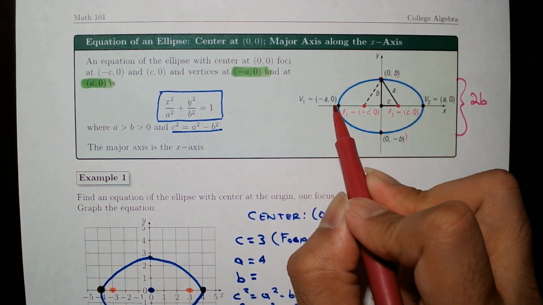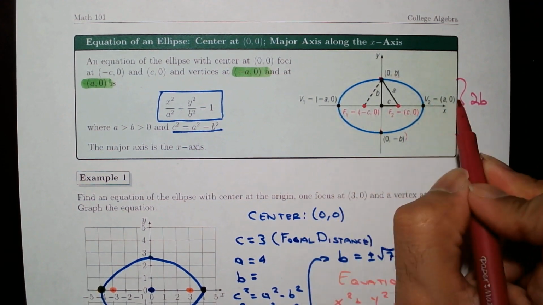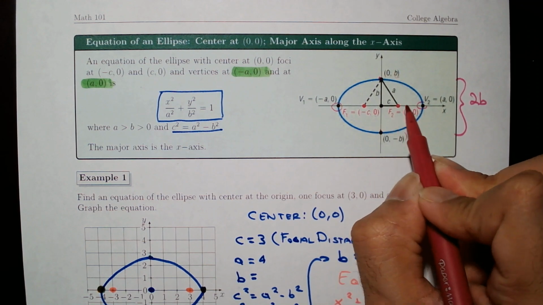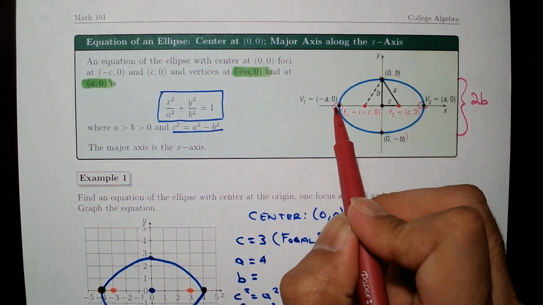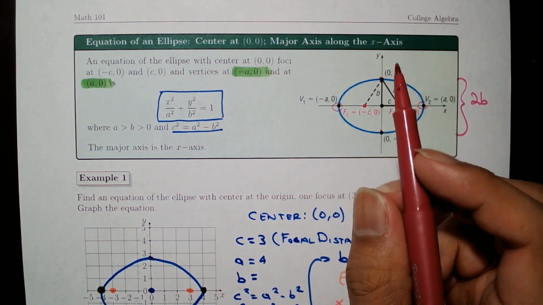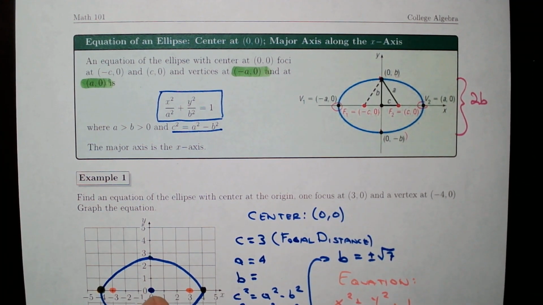But for the vertices, we move a units to the right and a units to the left. That's why we have the minus and the plus, and that's how far the ellipse will extend.